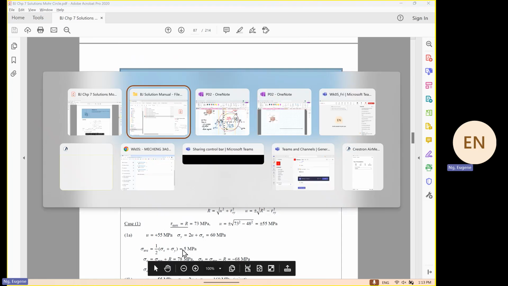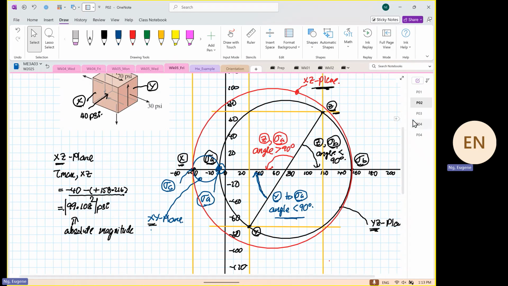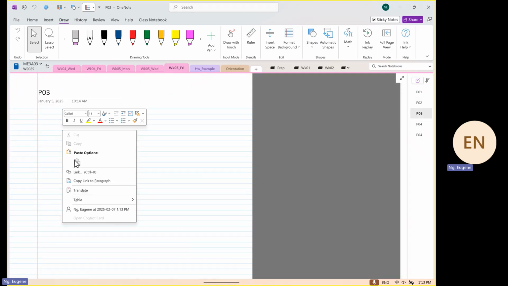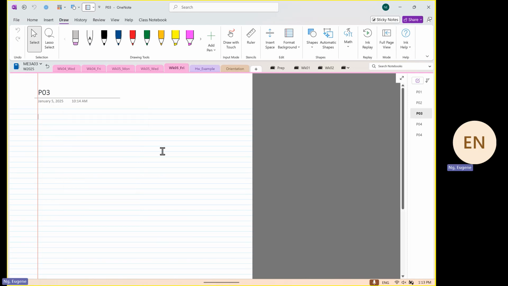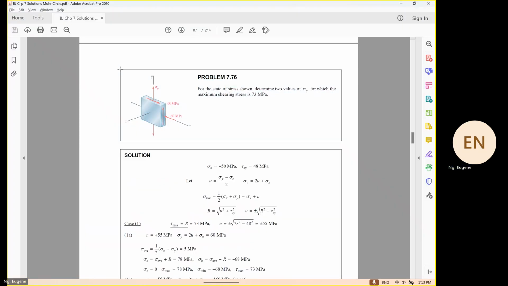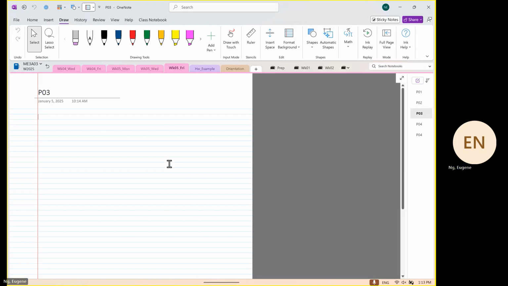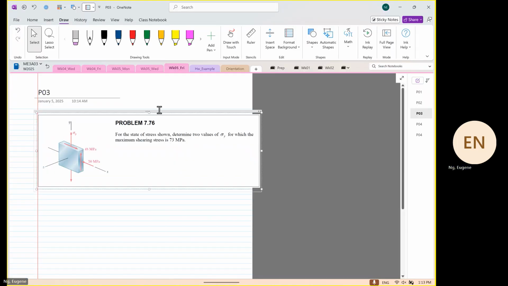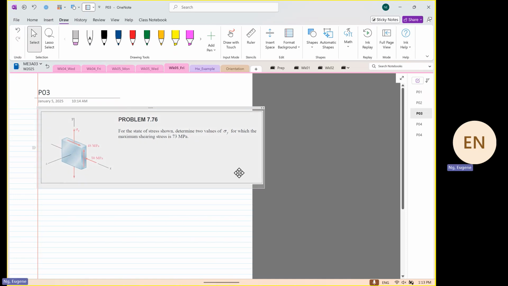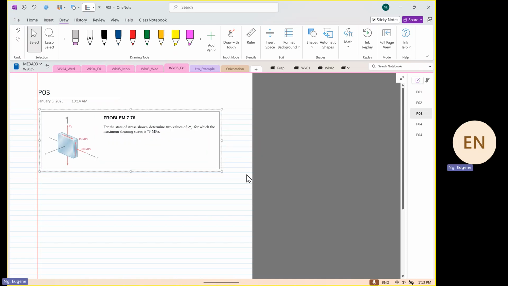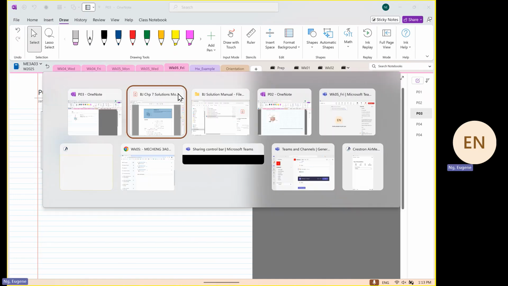And it is not that difficult if you use Mohr circle. So this is the question that I thought I did copy, no? Copy, come here, paste, okay? And I'm going to also copy and paste the solution.